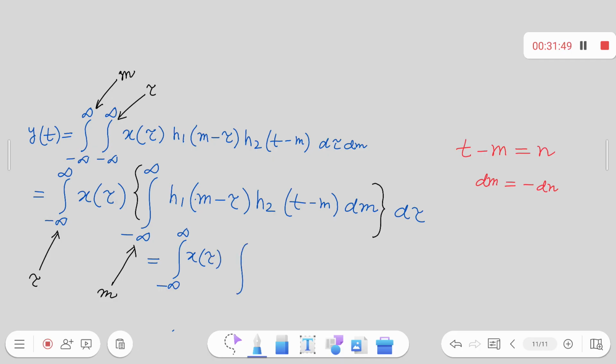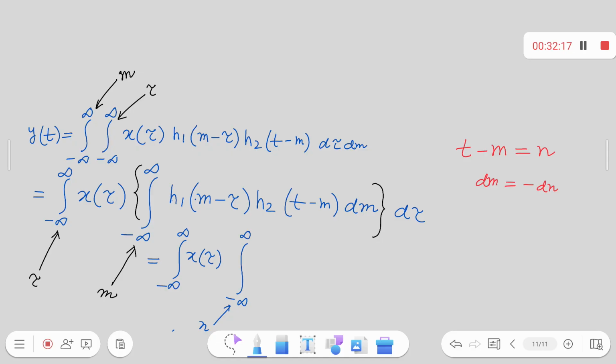Then for n, the limit will be from plus to minus infinity, and there you have minus dn. If you absorb them, once again it will be from minus to plus infinity. Remember, this is for n, not for m.